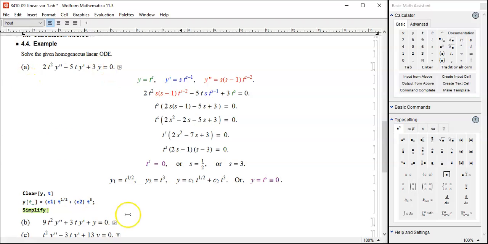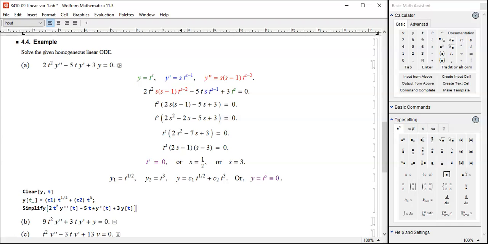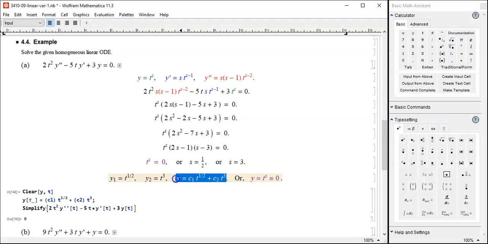Simplify the left-hand side of this expression, 2t squared times y double prime of t minus 5t times y prime of t plus 3y of t. Simplify this left-hand side. Am I getting 0? Yes, indeed. I checked, and this is the correct general solution.